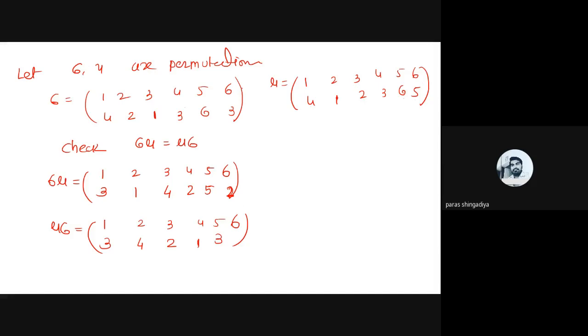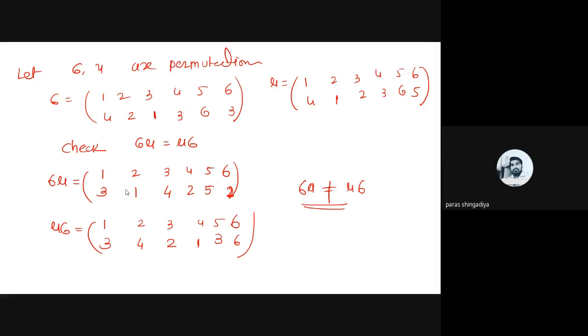And 6 goes to 5, so the output of 5 in the sigma is 6 here. So they are not equal. Here we say that mu sigma is not equal to sigma mu, okay, that is not equal.